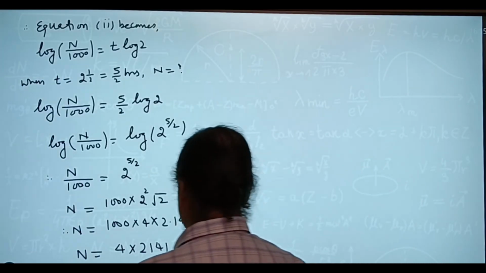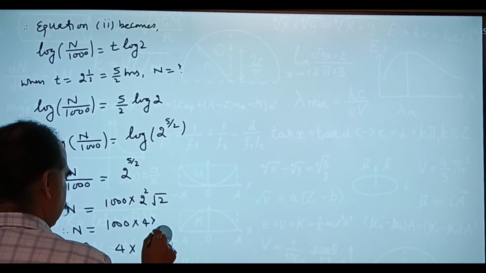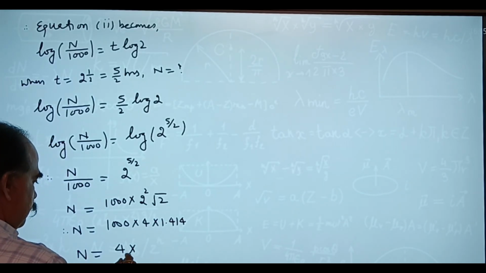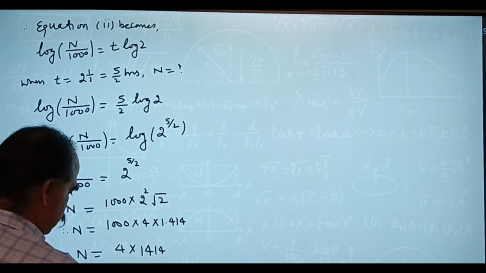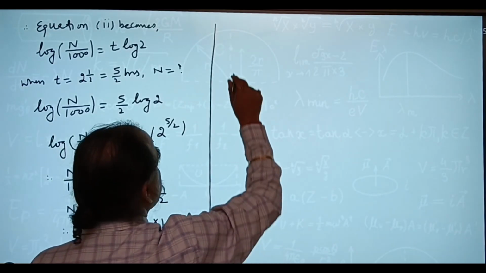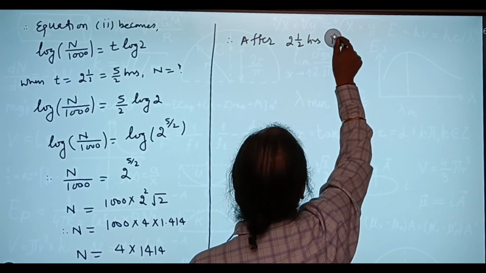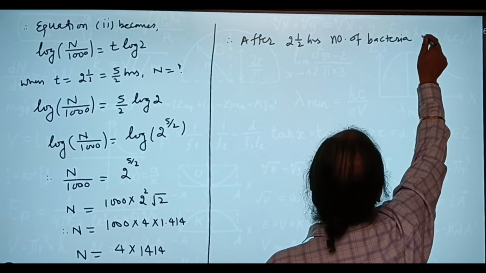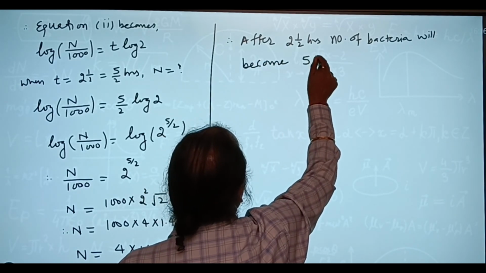I made a mistake, it is 1.414. Therefore, after 2.5 hours, number of bacteria will become 5656.